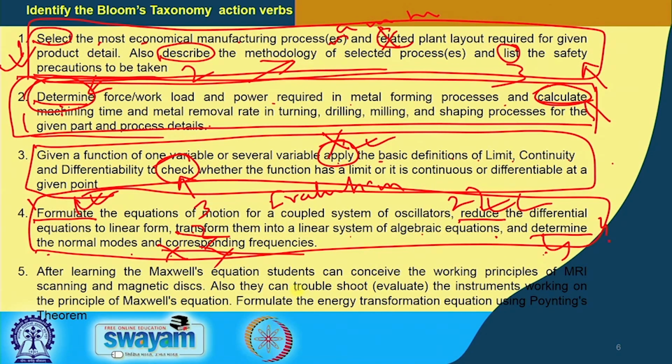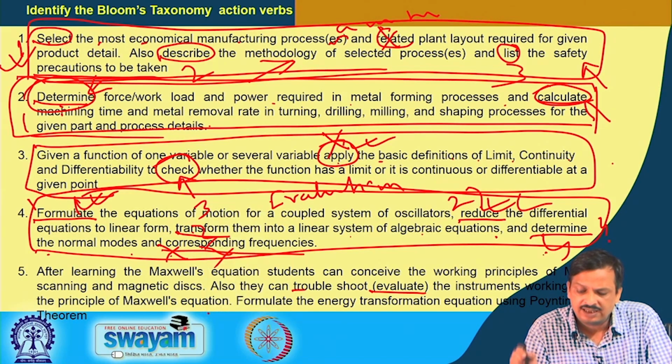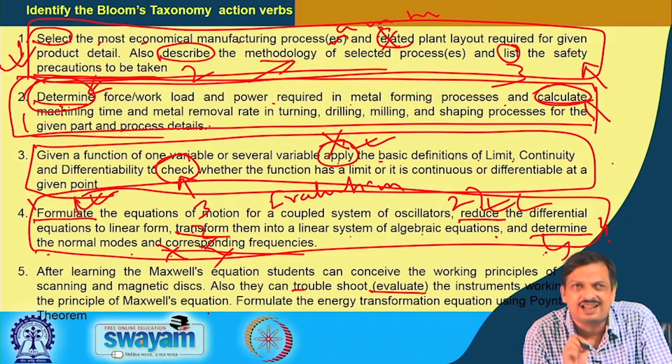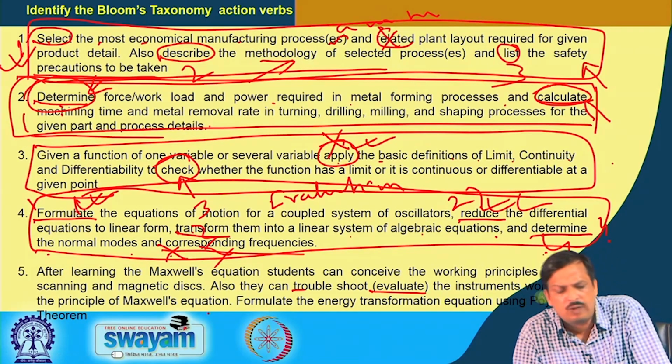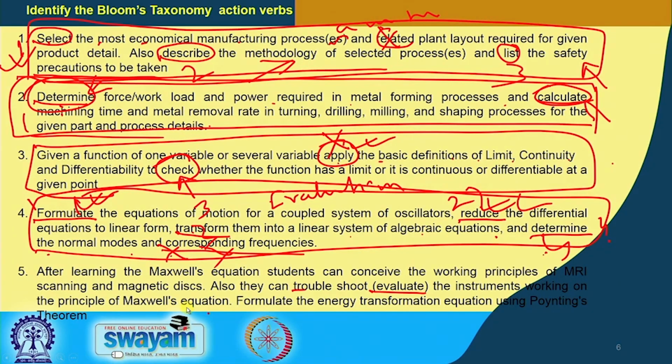Troubleshoot, that means I want to write down: evaluate the instrument working on the principle of Maxwell equation. If I say this outcome is not written correctly, because "evaluate the instrument working on the principle", what do you mean by that? So all are teacher centric up to this.